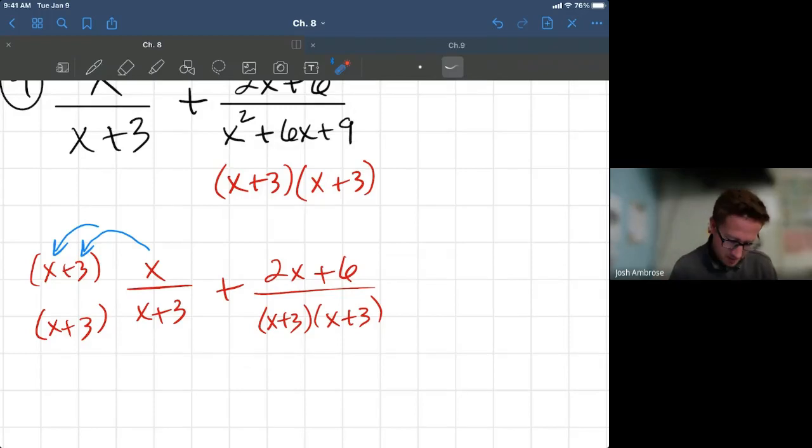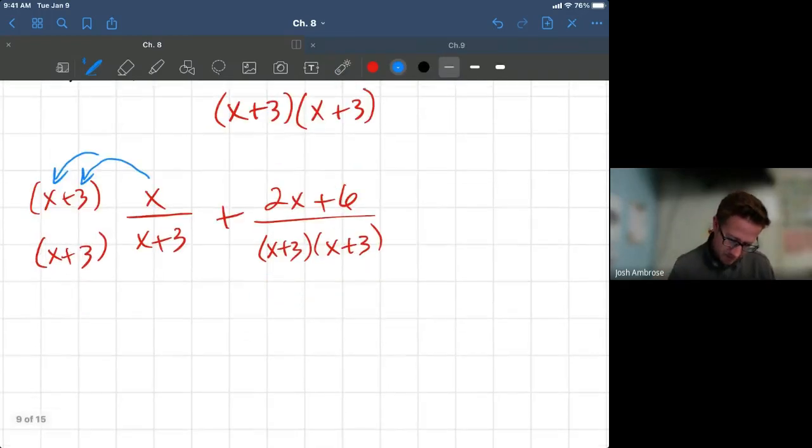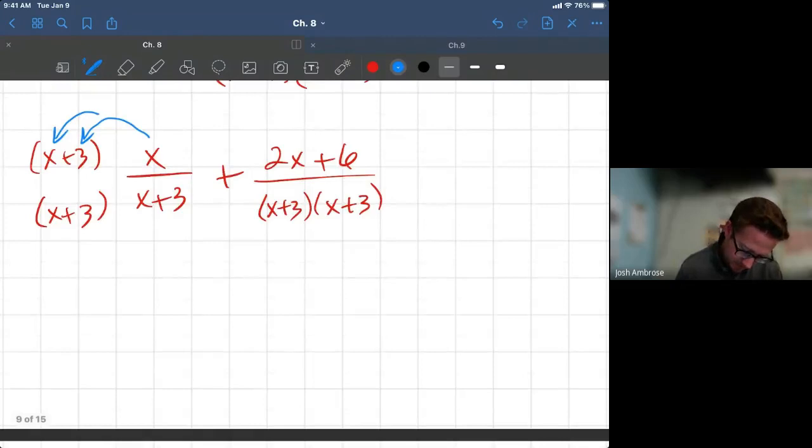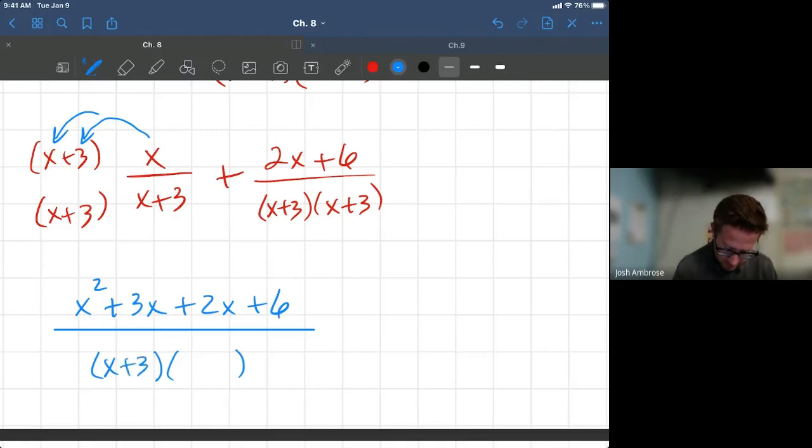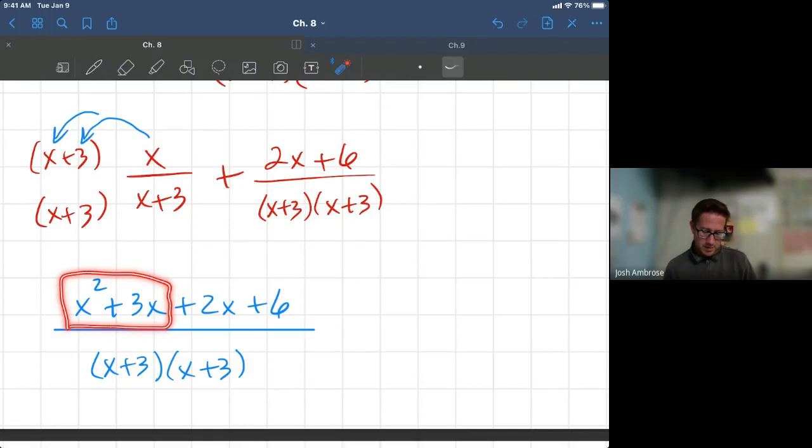All right, so let's combine. What we're going to have on top now is x squared plus 3x plus 2x plus 6, all over the common denominator, x plus 3, x plus 3. What you should see here is I distributed the x. That's how I got this part right here.